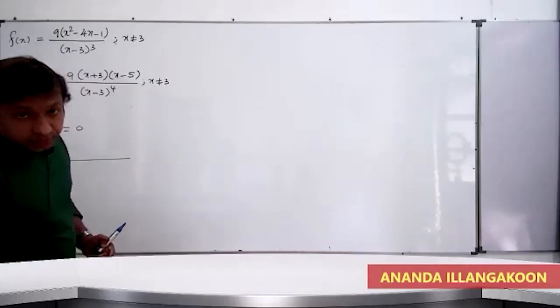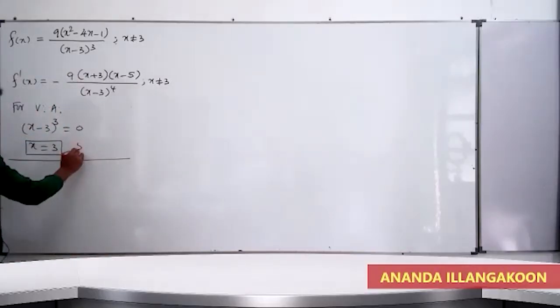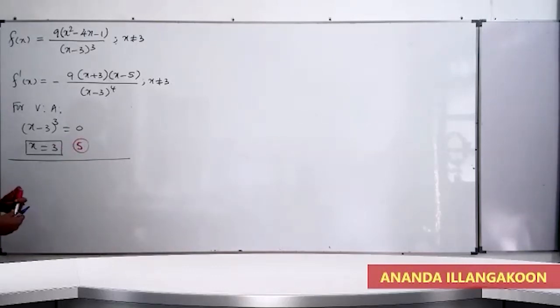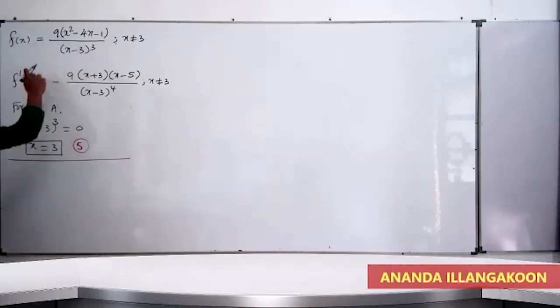For this, 5 marks given. To find the horizontal asymptote, you have to take the limit x going to plus or minus infinity on the right hand side.